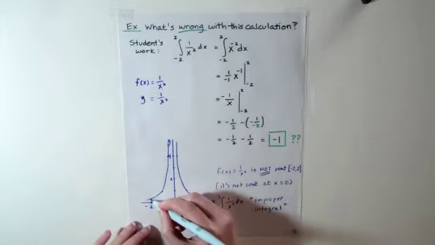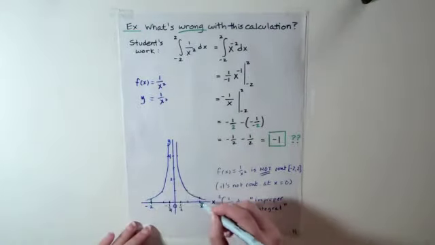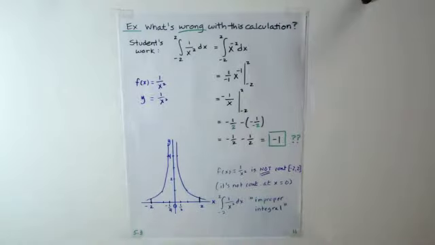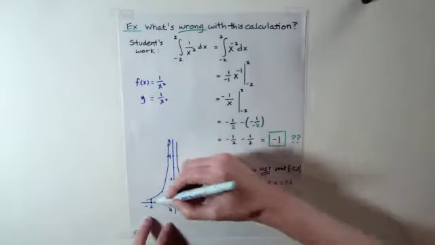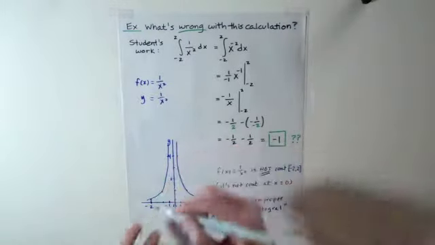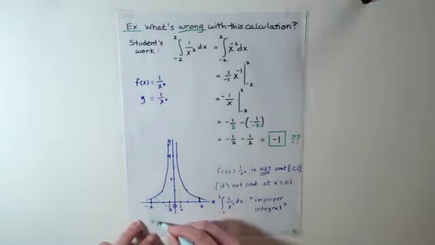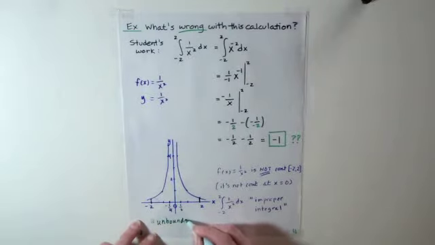We're looking at the area under this curve from -2 to 2, and it looks to me as if it's what's called an unbounded region. And what do we mean by an unbounded region?